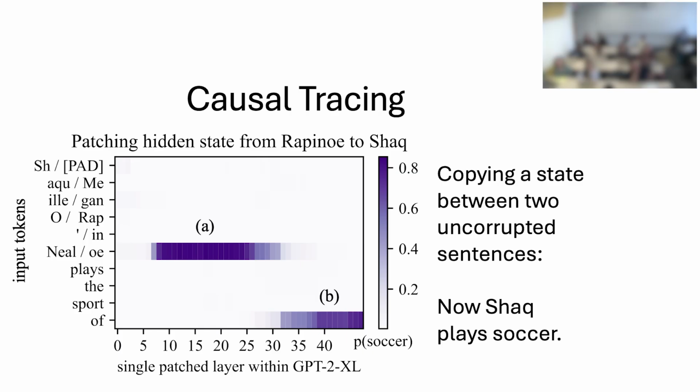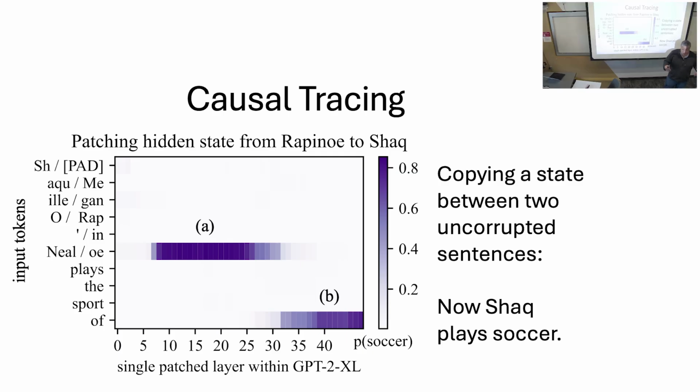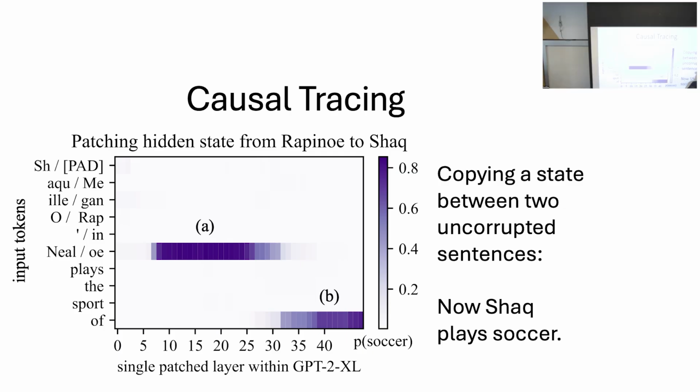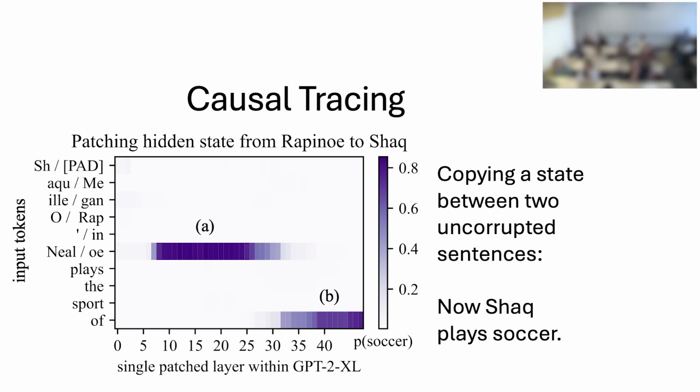And it's because of the reason I described to you earlier. It would be like, oh, Megan O'Neal plays the sport of, I don't know who Megan O'Neal is, right? That makes sense? Right. But the weird thing is, if you get to layer 10 or something, and then you patch over a single token, then it does switch to soccer, right? So there's something interesting happening around there.